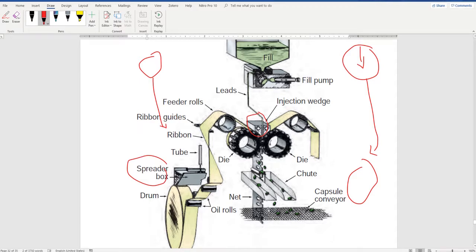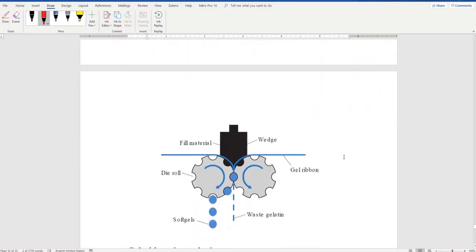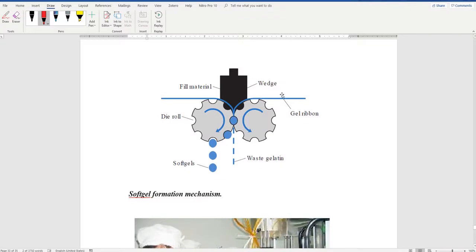Now they will get to the capsule conveyor يعني الموصل. These capsules, soft capsules, will be washed. After washing they will be dried using infrared heat. طبعا they will be dried to a certain moisture content. واحنا حكينا this moisture content is from 6 to 10%. Okay. طيب, what you see here is how the two ribbons come.